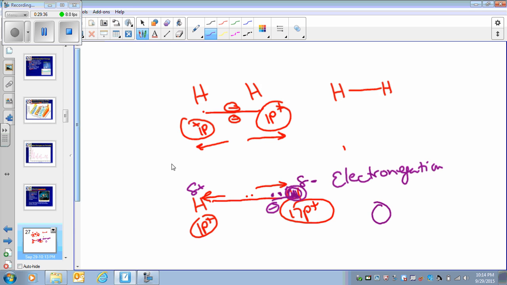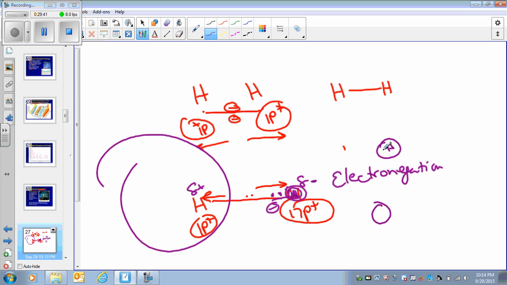If I have this big of a radius versus this big of a radius, the smaller radius has more pull, more ability to pull the electrons towards itself, versus a nucleus that is sitting far away from these electrons. So this nucleus will have a weaker force to pull compared to this nucleus which is sitting so close to the electrons. So the smaller the size is, the higher the electronegativity is. The larger the size is, the less the electronegativity is.